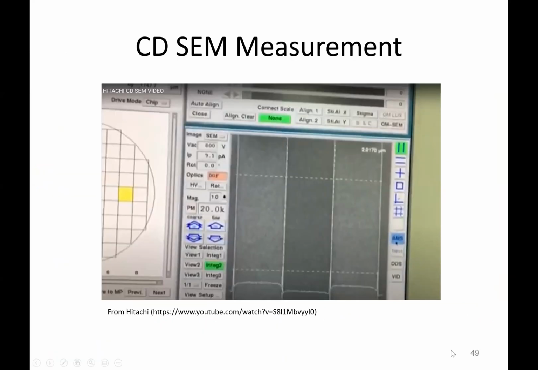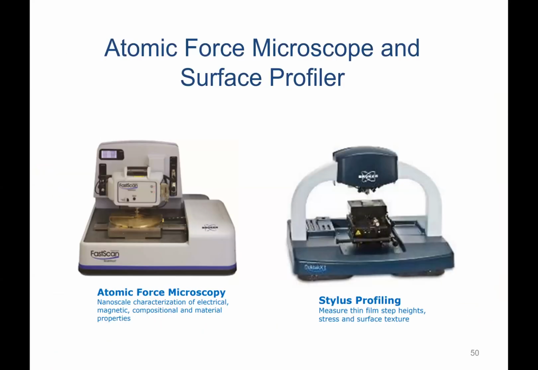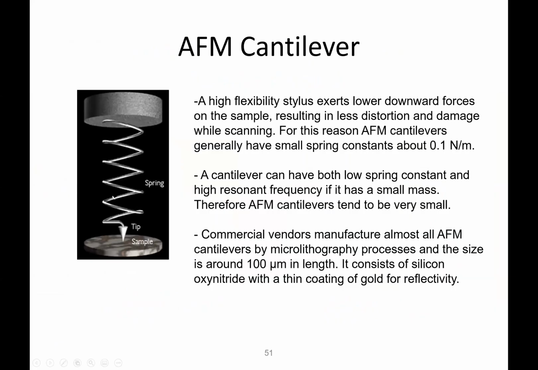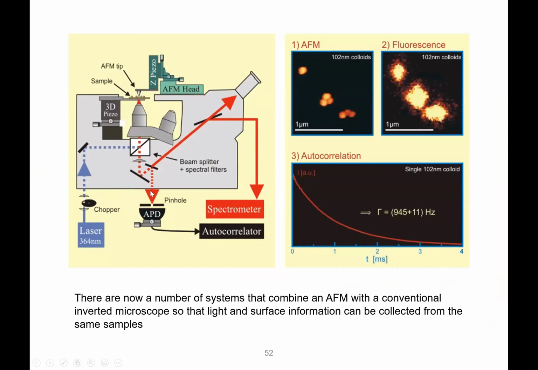This one is the electron microscope. And another way is called the atomic force microscope and surface profiler. What is that? It has a very sharp tip with a spring. We can scan this sharp tip on the surface, and depending on the surface structure, we will see many different types of light reflection.